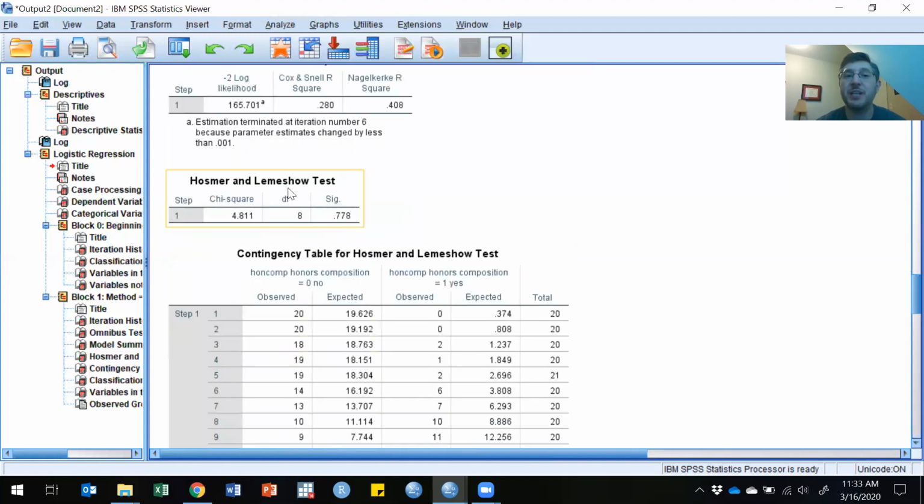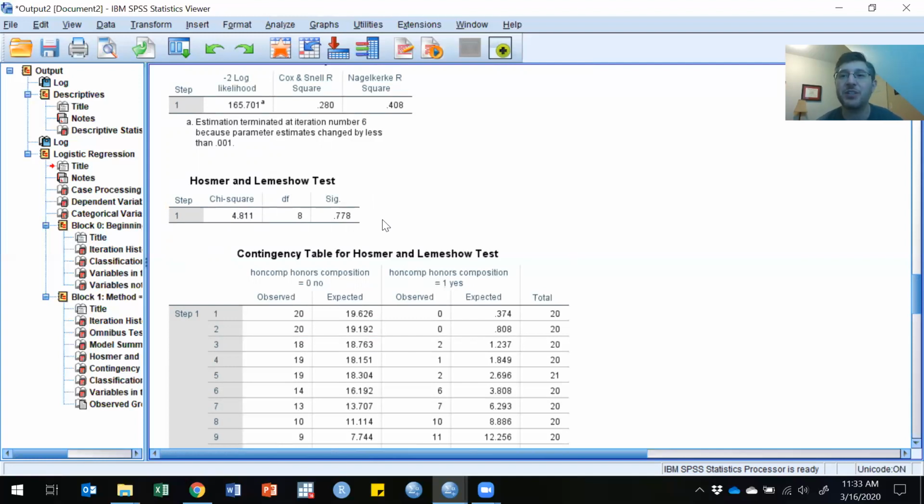The Hosmer-Lemeshow test is a sort of goodness of fit test. How well does this model fit my data? And this is one of those cases where we want to fail to reject the null hypothesis because it says that our model fit our data well.